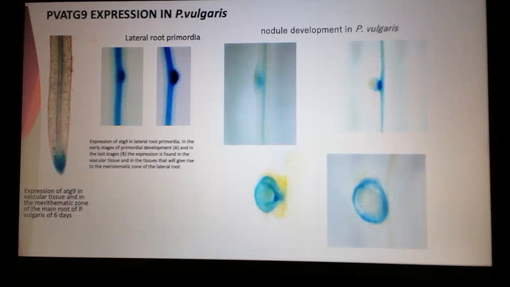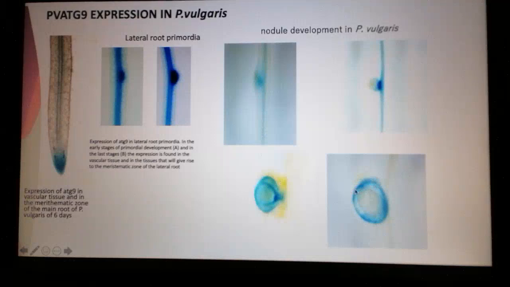Meanwhile, the expression of ATG9 in nodulation appears in the same place, vascular tissue. In the early stage the expression appears between the nodule and root, and we can see the vascular expression in the efficient nodule, and finally the expression of ATG9 again in the vascular tissue but in the senescent nodule.